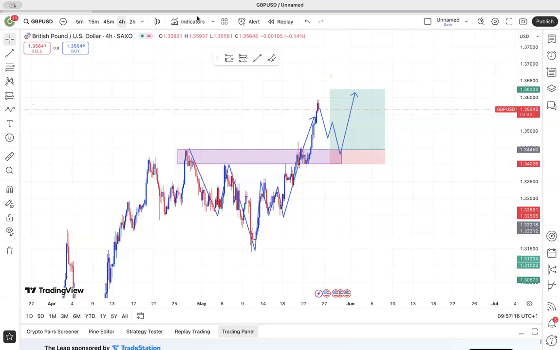Then at this sell area, you can decide to exit. You can decide to exit at the sell area or set your stop loss at break even and run risk free. And that's pretty much it.